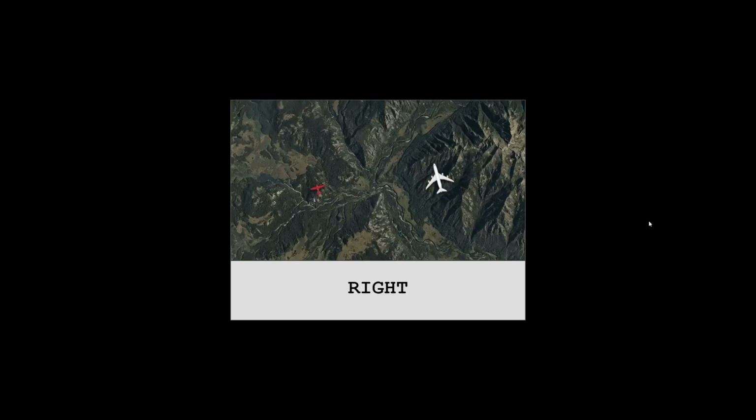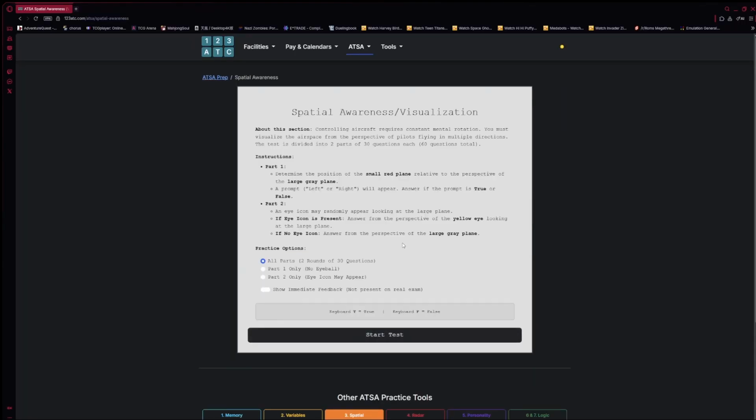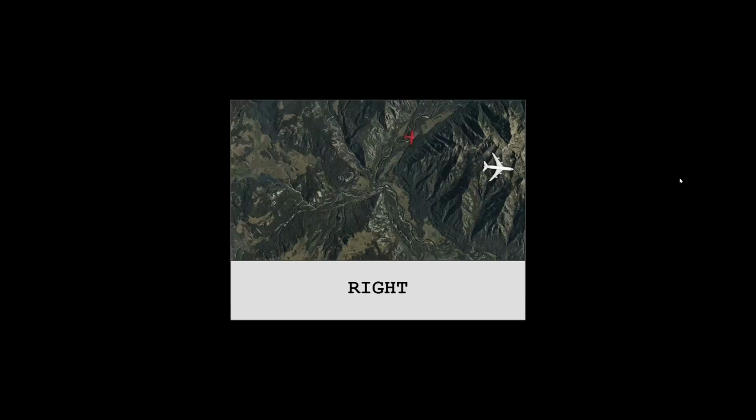Spatial is also probably going to eat me alive. These are true and false statements. So the plane in perspective to the red plane, is it true or false? True, false.